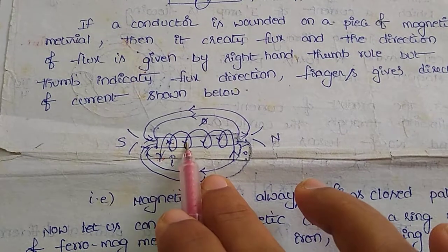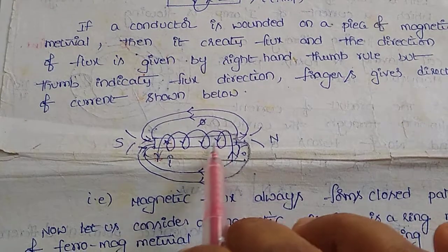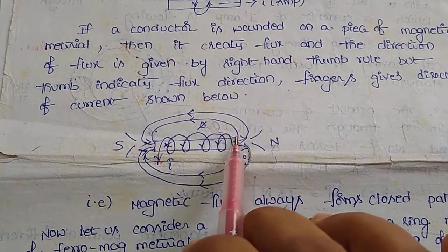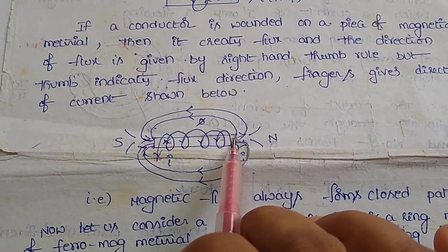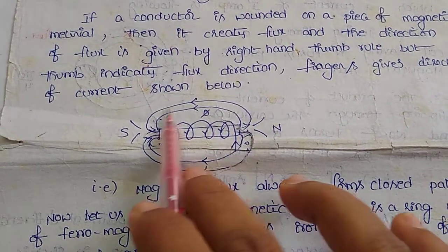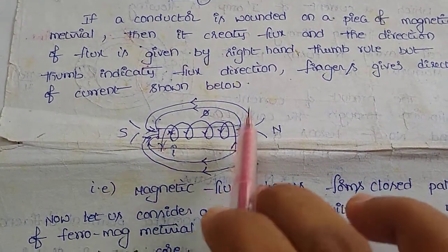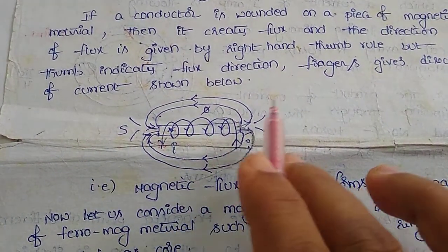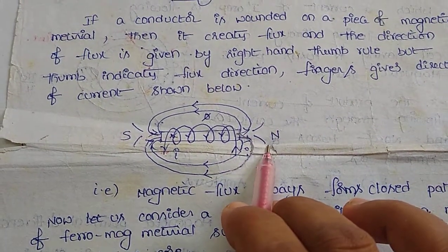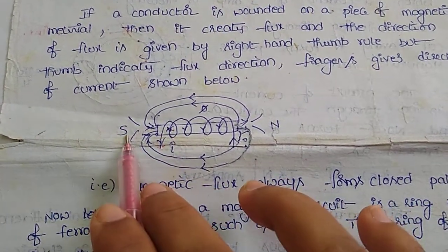Then this current carrying conductor produces magnetic flux lines, which magnetize this specimen of iron piece, and these magnetic flux lines pass from one end of this material to the other end like this. These magnetic flux lines always form a closed path. The end where the magnetic flux lines leave the bar is called the north pole, and the end where they enter the bar is called the south pole.